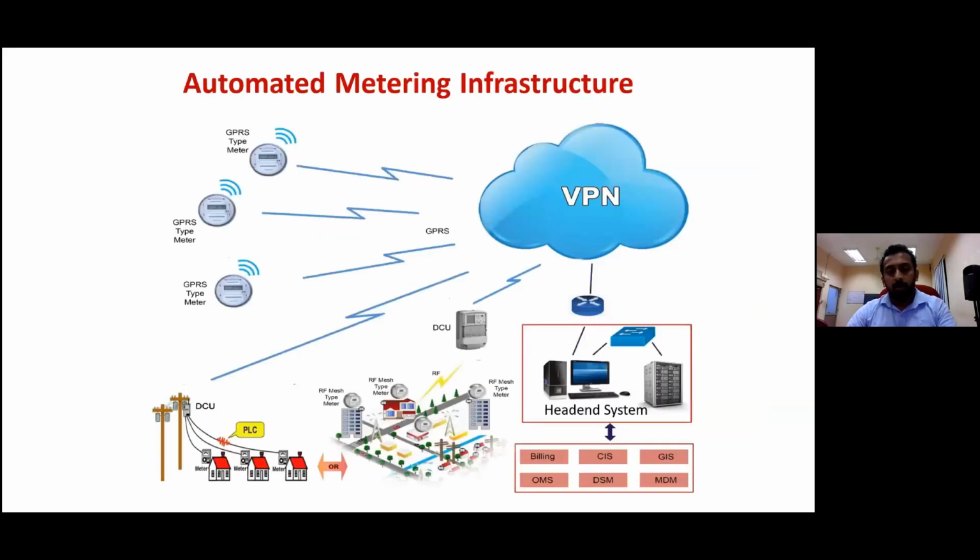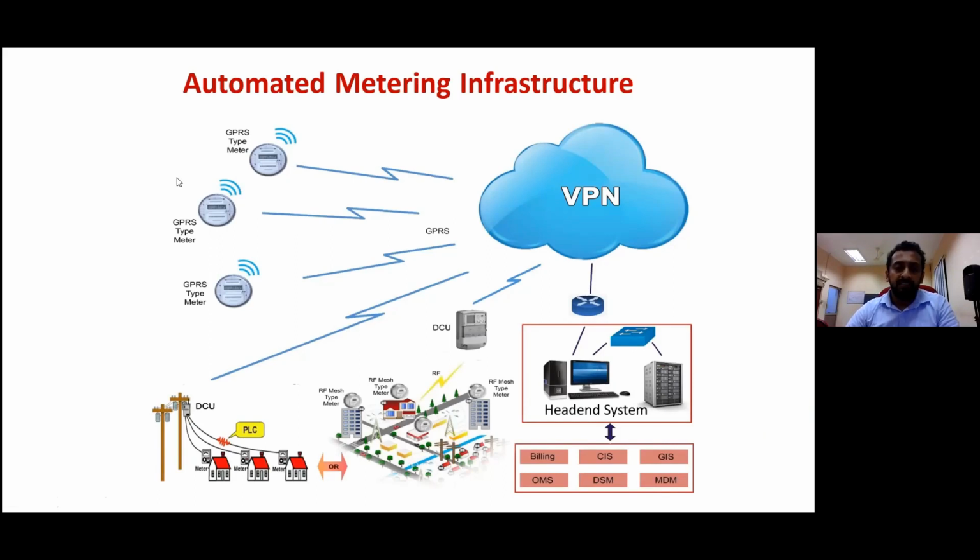So the smart meters and the related systems in a utility network, we call it automated metering infrastructure, or AMI.